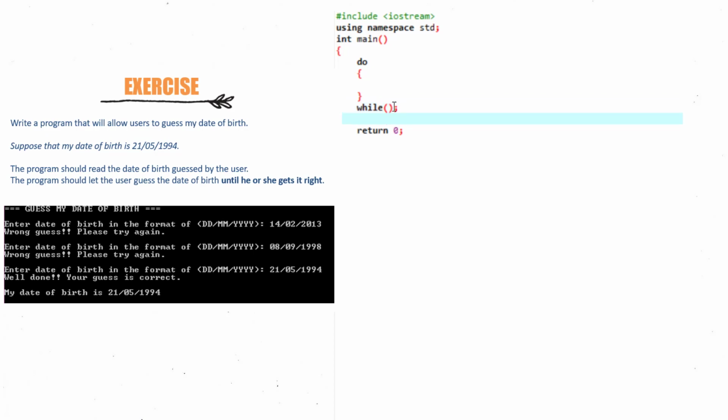What we want to repeat is entering the date of birth in the format of DDMMYYYY. So we write cout, enter date of birth in the format of DDMMYYYY.